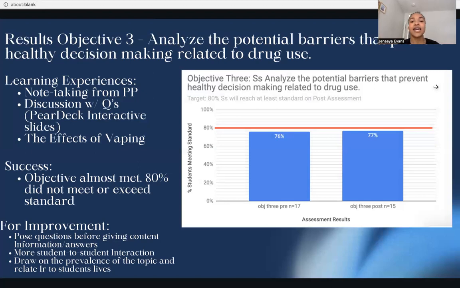So again, not really hearing much from students, so I would want that to change so I can hear more from them. And maybe just draw on the prevalence of the overall topic of vaping and relate it to their lives, because we talked about it a little bit. I'm like, e-cigarettes have been around for years, and the severity and the negative effects are clear.